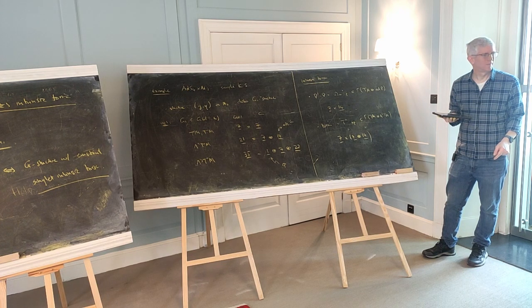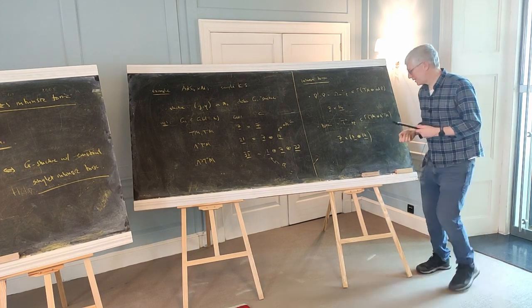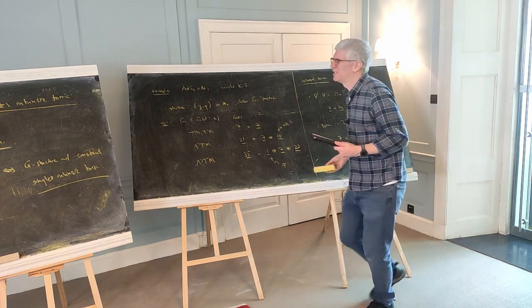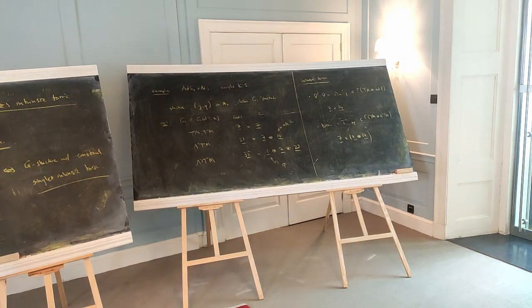Okay? Does that make sense? So we see that the intrinsic torsion, we call it T int, is going to live in something which is the 7 times the 7.